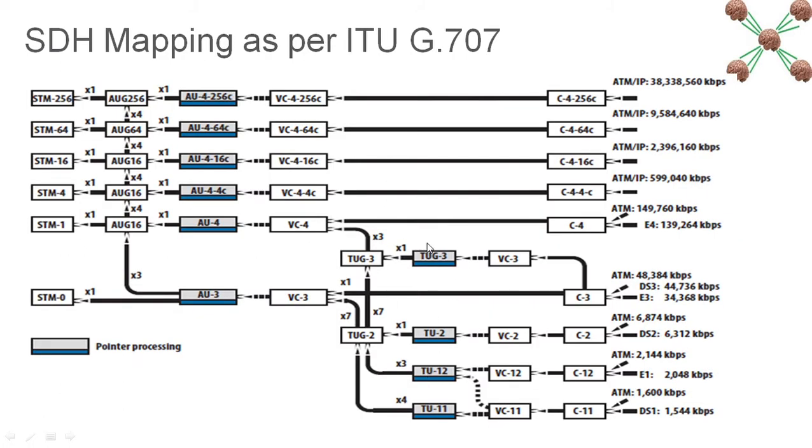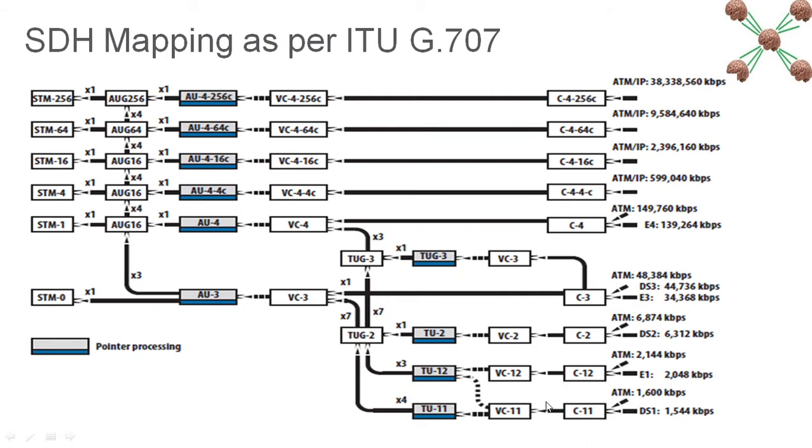So how is SDH made? For example, if you have low capacity client interfaces like the 2 megabit E1 network, or the DS1, which is used in the US, E1 is used in almost all of Europe, our subcontinent and the Gulf, and DS1 is used basically in the USA.